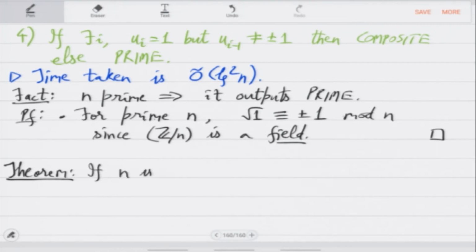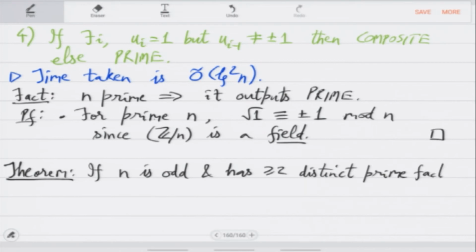So if n is odd and has at least two distinct prime factors, which is being checked already in step 1. So suppose n is odd and there are at least two distinct prime factors.